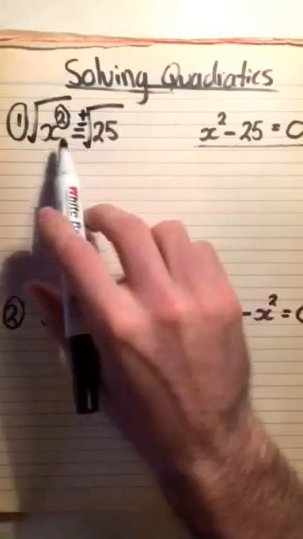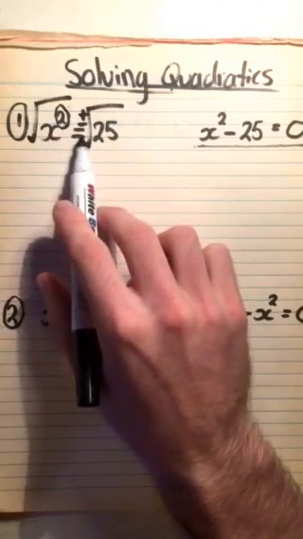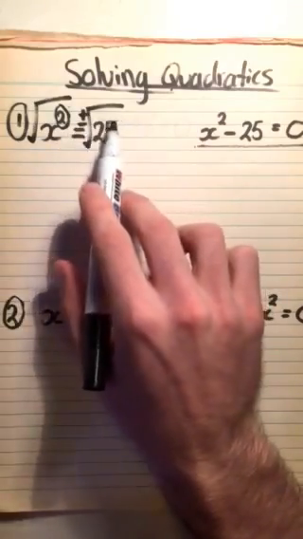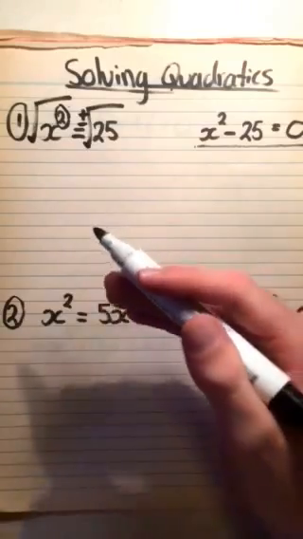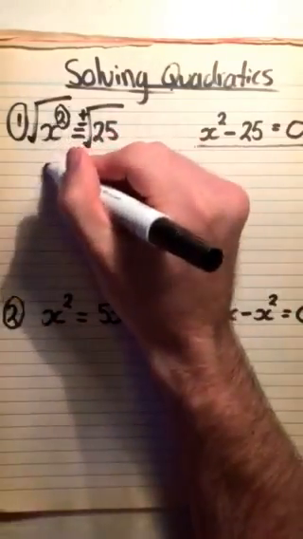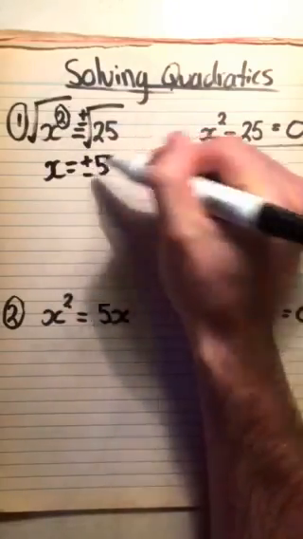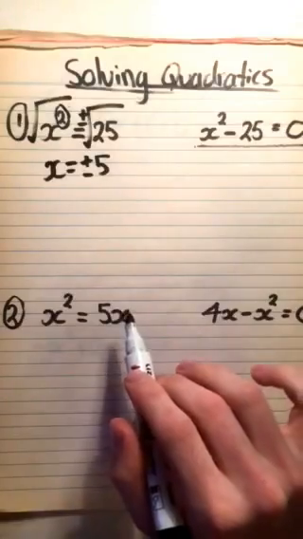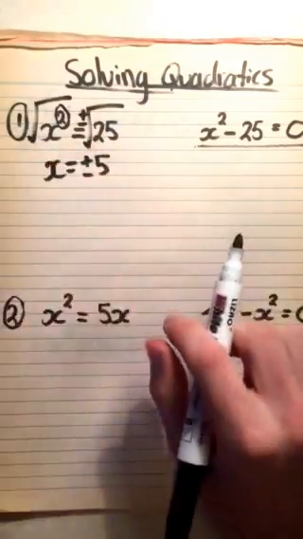So in this case, you don't need to make the left-hand side equal 0, but you do need to remember that when we square root it, we need to do a plus minus, because it could have been a negative number that was squared to give what we had on this side. So we're going to get x equals plus minus 5, because we know that minus 5 squared is also 25. So that's our one exception to the rule of getting everything to the left-hand side.